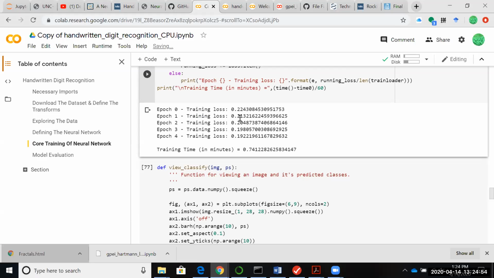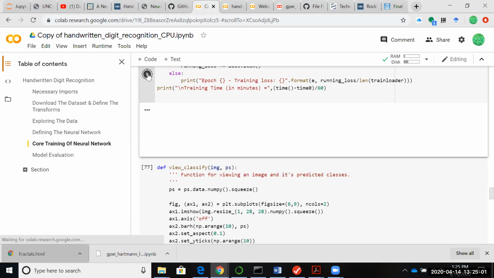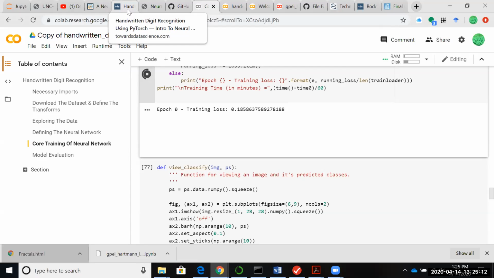So now after 5 more epochs, you see it's kind of slow in my case. It's going from 0.22 to 0.19. It's not really improving. I'm going to run 5 more times, because after 15, I think the loss should go down. Mine now is converging very slowly. I think I just have bad luck.